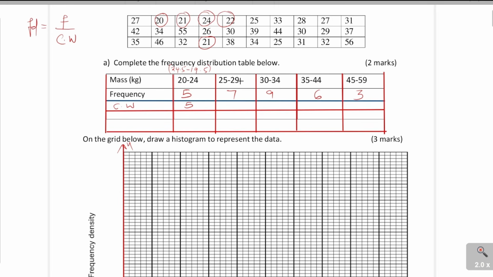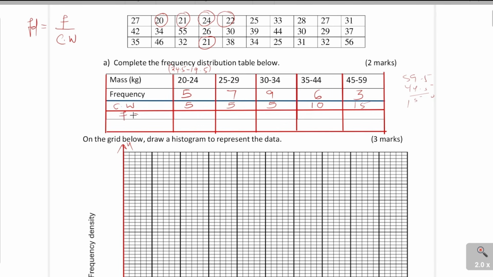Then the other one, 29.5 subtract 24.5, again that gives 5. 34.5 subtract 29.5, the class width is 5. 44.5 subtract 34.5, that class size is 10. Then 45 to 59, that is 59.5 subtract 44.5, that gives 15.